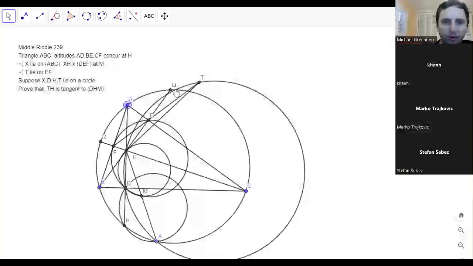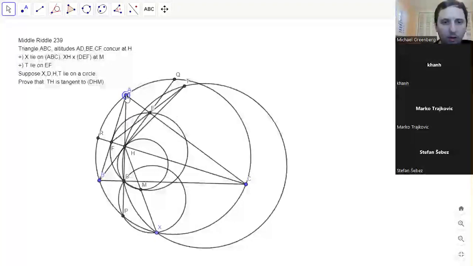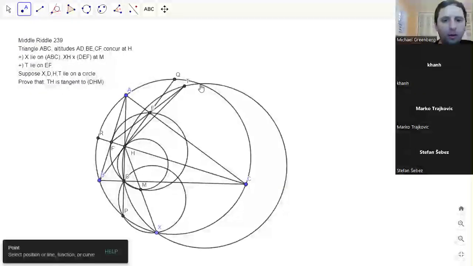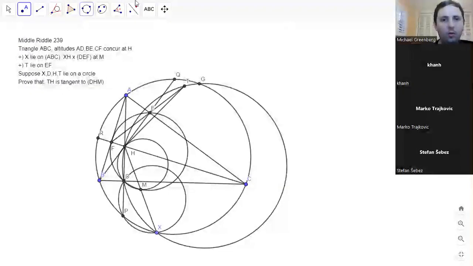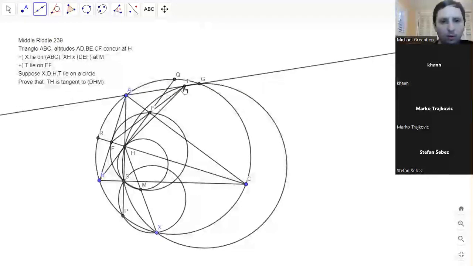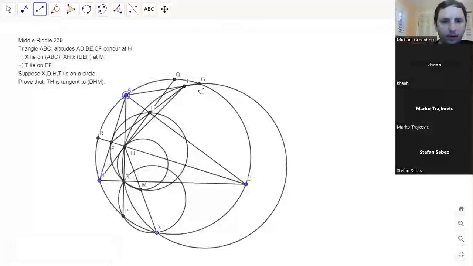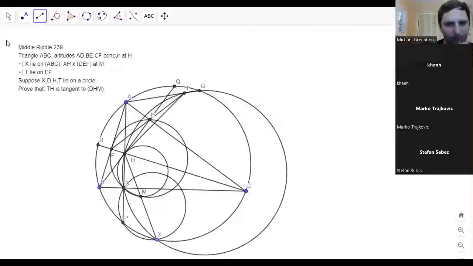So it passed through this point is what you're saying. Wait, is that true? Yeah, interesting. Okay. So how does that solve it? Because so AT.